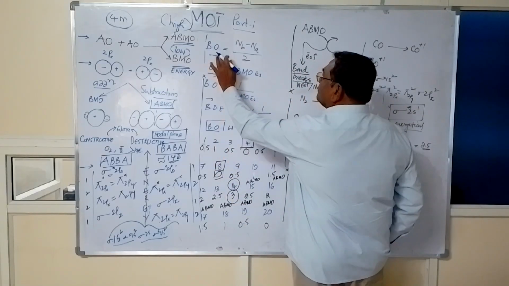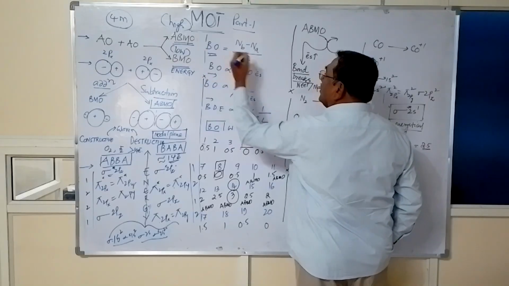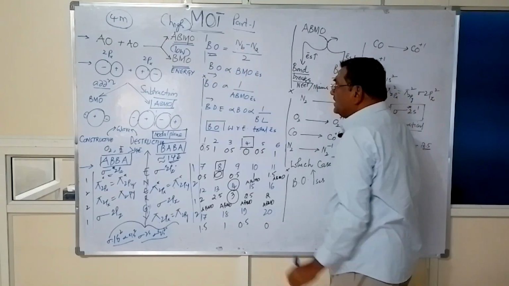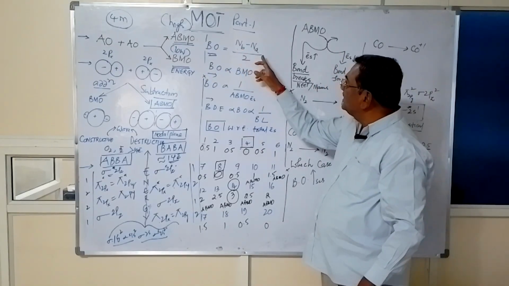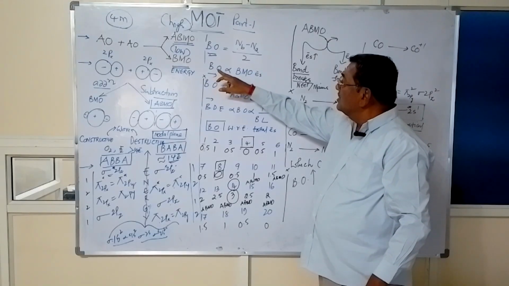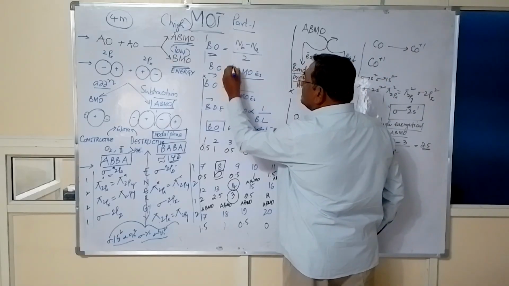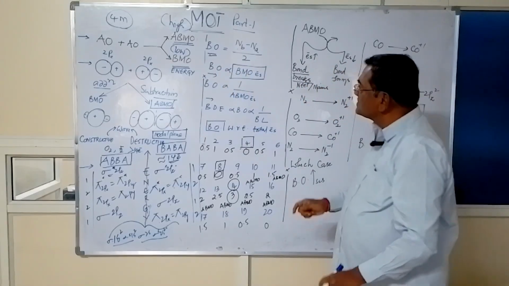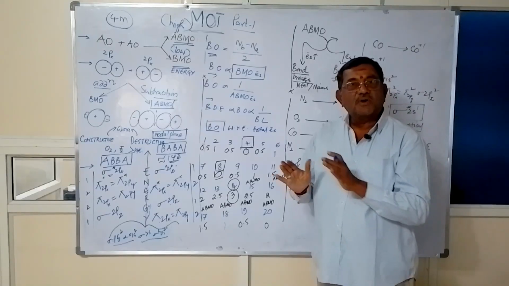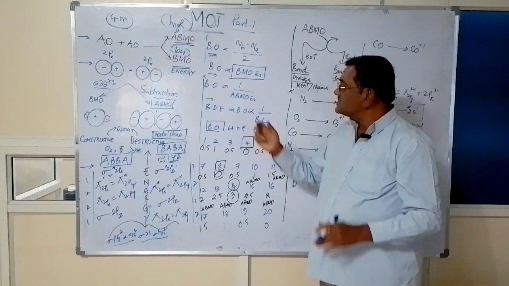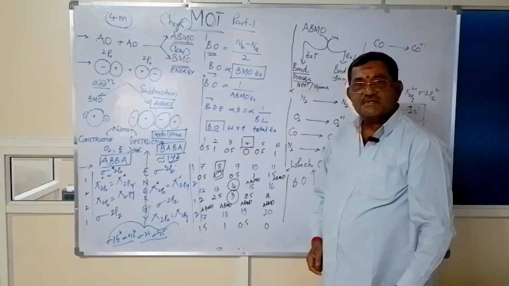And next, the formula which we are going to use: bond order equals (Nb minus Na) divided by 2, bonding electrons minus antibonding electrons. Bond order is directly proportional to bonding molecular orbital electrons. Whenever bonding molecular orbital electrons increase, children, bond order also increases.